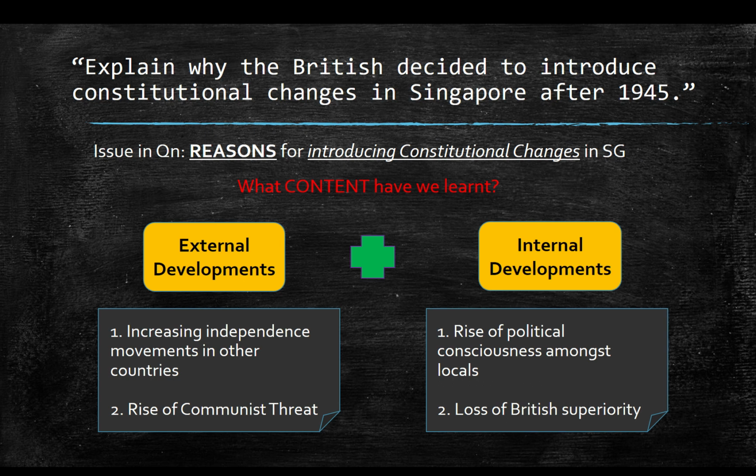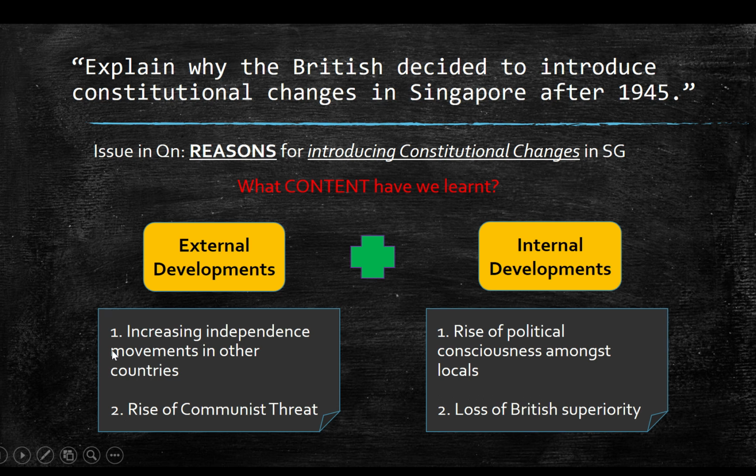Step 2, brainstorm on the content that we have learned in class. So what content have we learned with regards to constitutional changes in Singapore? We have talked about external developments as well as internal developments that have impacted the British decision to introduce constitutional changes. What are the sub-points under external developments? Point number 1, increasing independence movements in other countries.